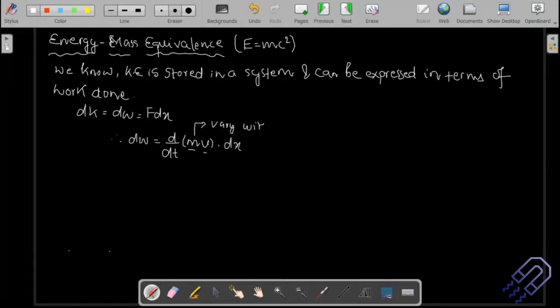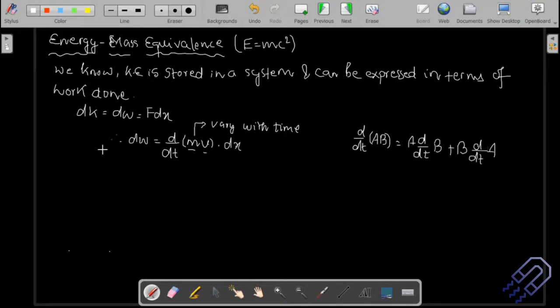Don't write this down in your answer, I'm just writing it as a note: with time. That means I cannot consider this mass to be constant and take it out of the differential. So if I take d/dt of a into b, by the rules of differentiation, this will be a d/dt of b plus b d/dt of a, right?